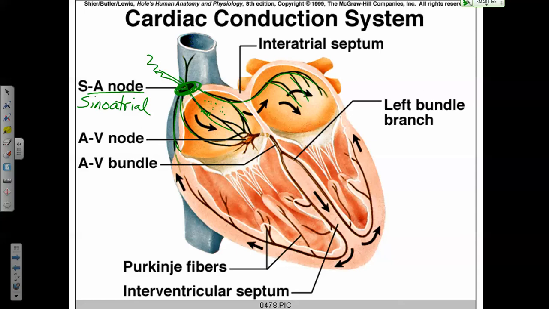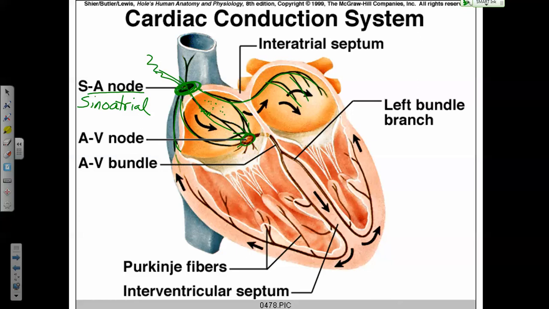And then it's interesting that these cells get real narrow right here. And so the impulse slows down as it connects to the cells in this area. Remember, impulses travel more quickly on a thick neuron than on a thin neuron fiber. Same thing's true here.